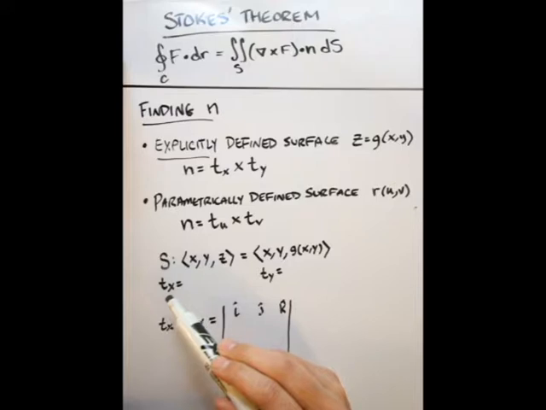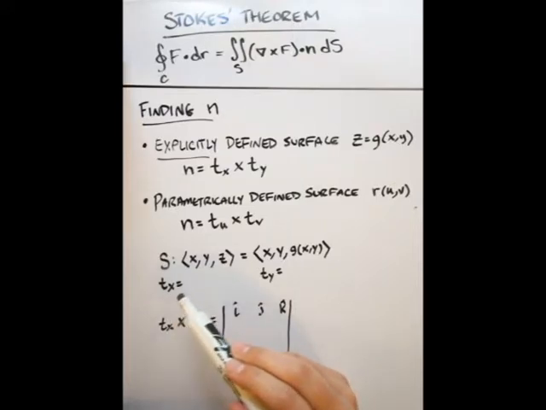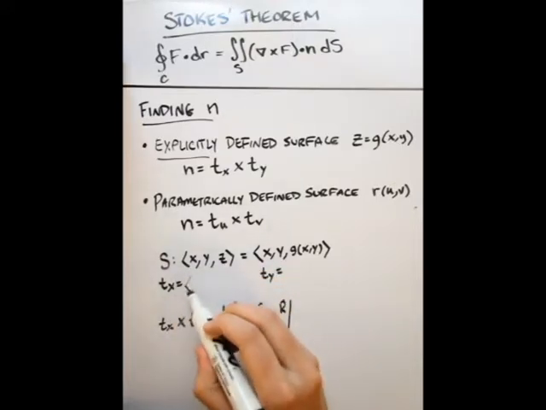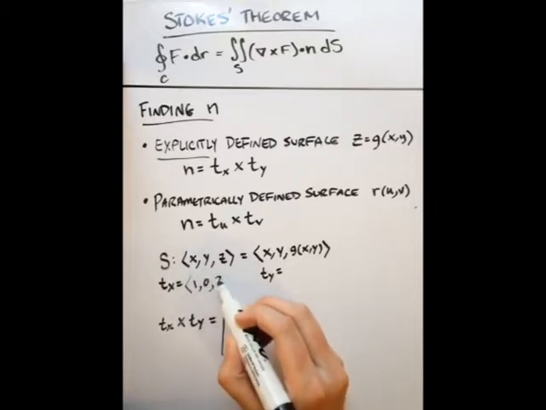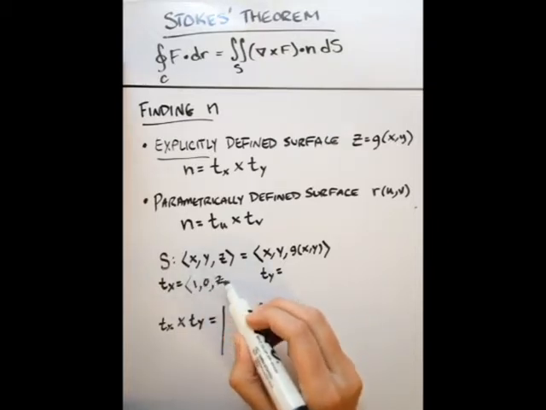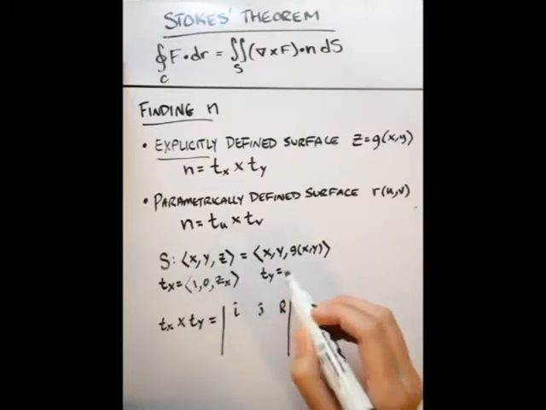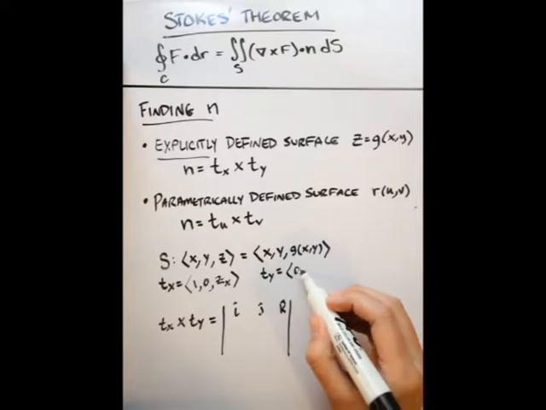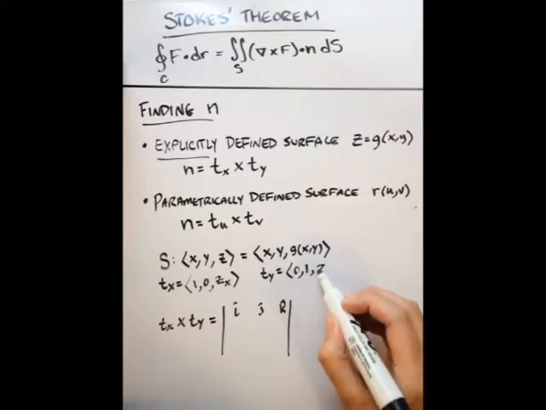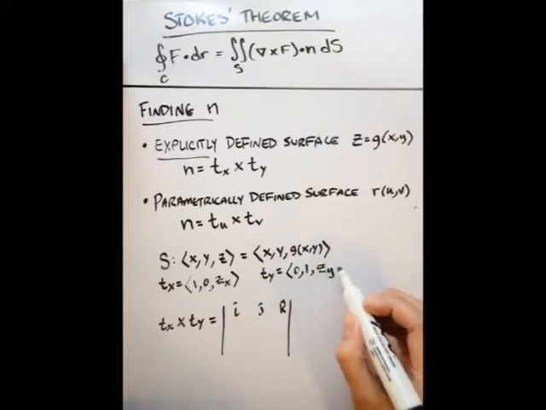If we take the tangent vector with respect to x, we're going to have 1, 0, z sub x, the partial derivative of z with respect to x. Similarly, the tangent vector with respect to y is going to give us 0, 1, the partial derivative of z with respect to y.